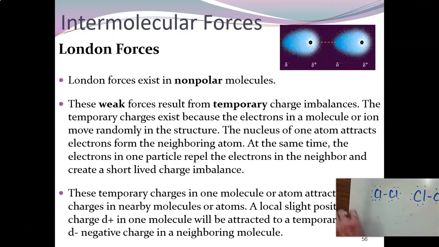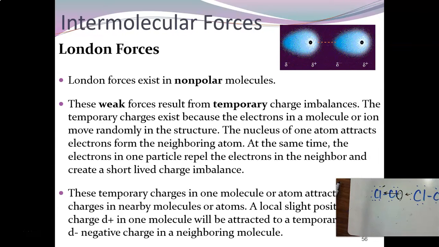What happens as these chlorines move close to one another, as that chlorine moves close to that chlorine, is that the electrons here and the electrons over here are going to repel one another. So the electrons on this side of the molecule might temporarily move in that direction. When they do, that'll cause a very slight temporary negative charge on this side of the chlorine.